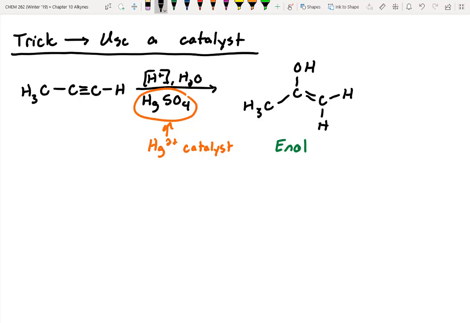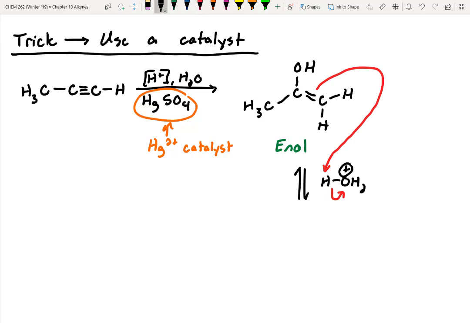All right, so the next step in this reaction is you still have your acid around, right? So I'm just going to write our hydronium ion that's floating around in solution. We know that alkenes can react with acids, okay? So this alkene can grab this proton from our acid, and then the question is, where is the positive charge going to end up?